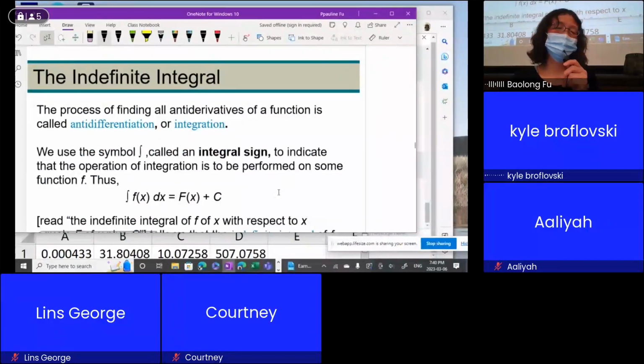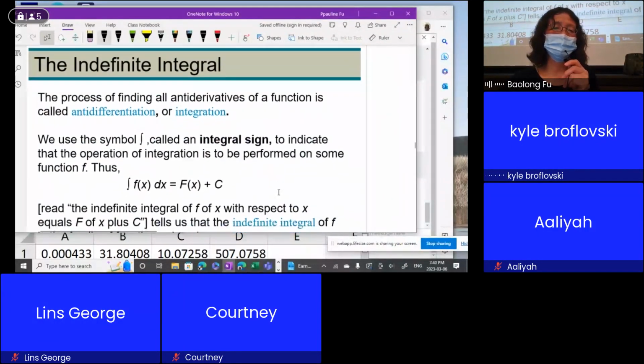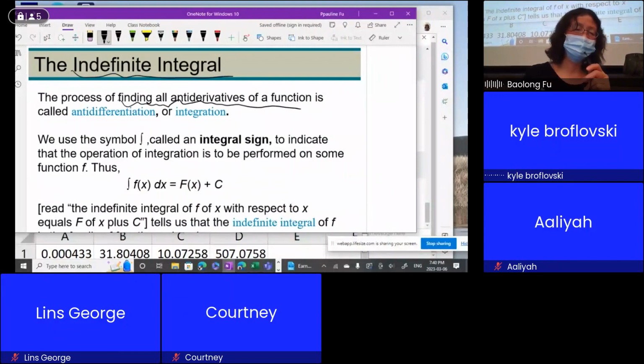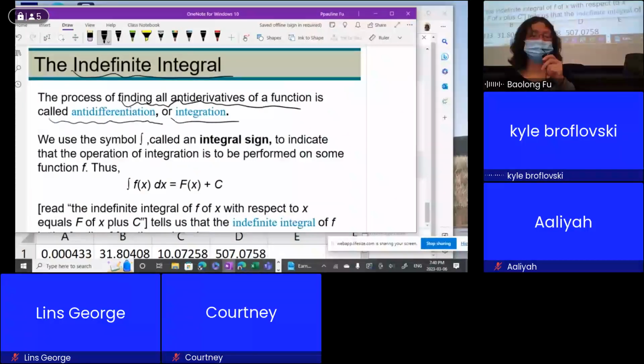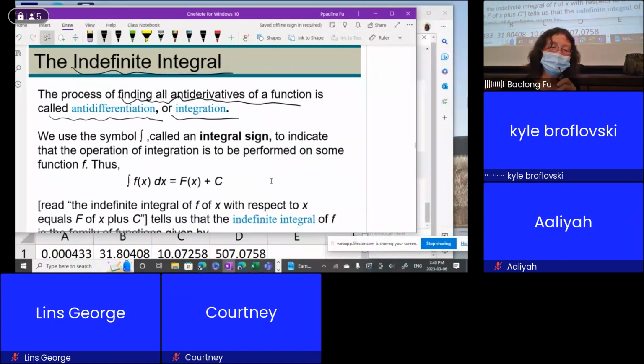Okay, so once we understand that, we introduce a new concept, the indefinite integral. What we try to do is find all antiderivatives of a function. That process is antidifferentiation, or integration. How do we find antiderivatives?